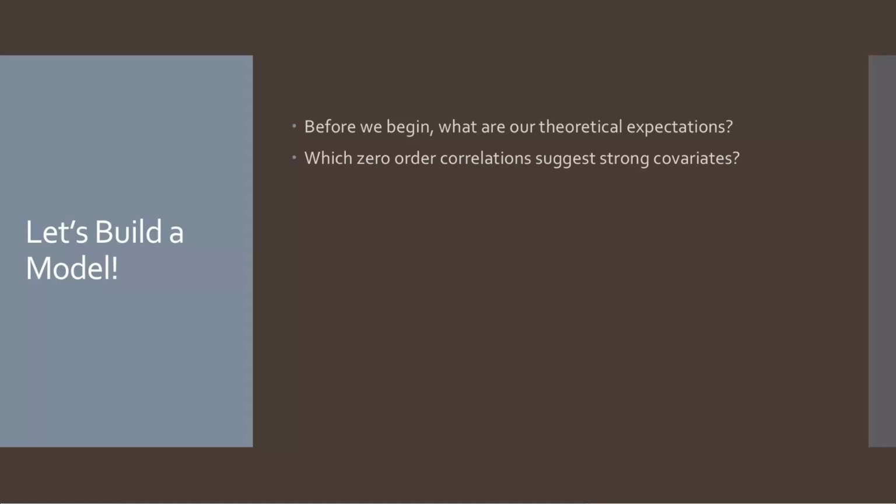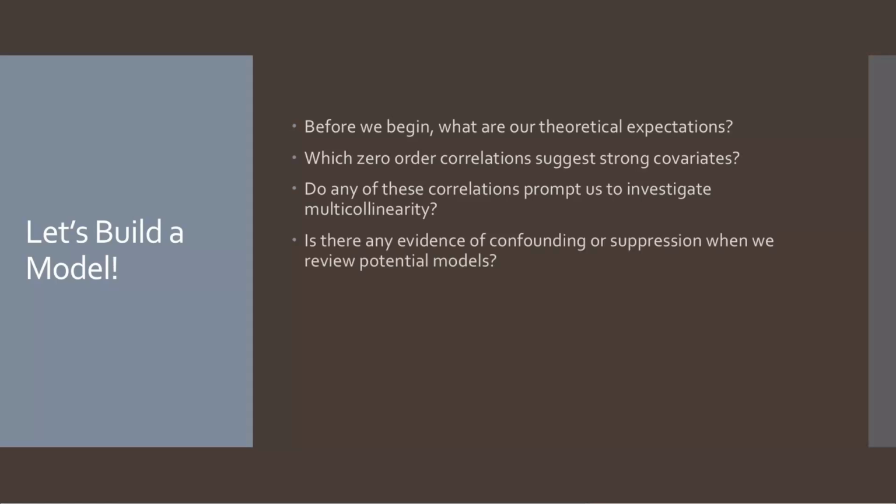So one variable serves as a proxy for two. On the other side of the spectrum, are there any explanatory variables that aren't related to anything, the response or other explanatory variables? Do any of the correlations prompt us to investigate multicollinearity?